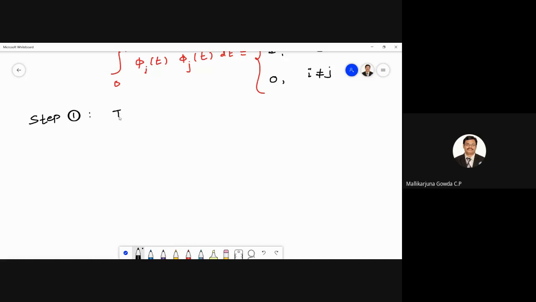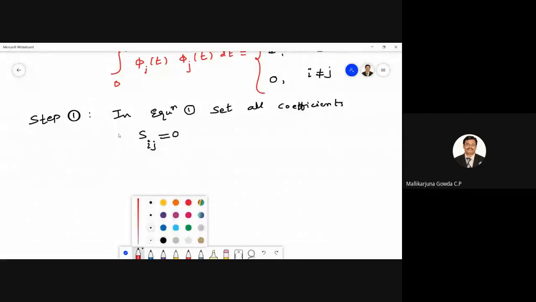I repeat once again: in equation 1, I said set all coefficients Sij equal to 0, except, I'm writing that in red, S11. So with that, what can I write?